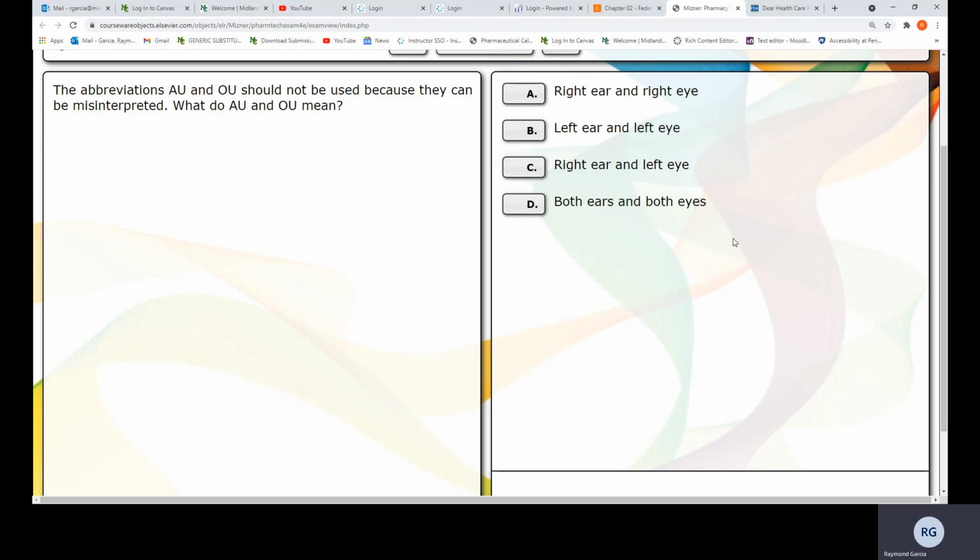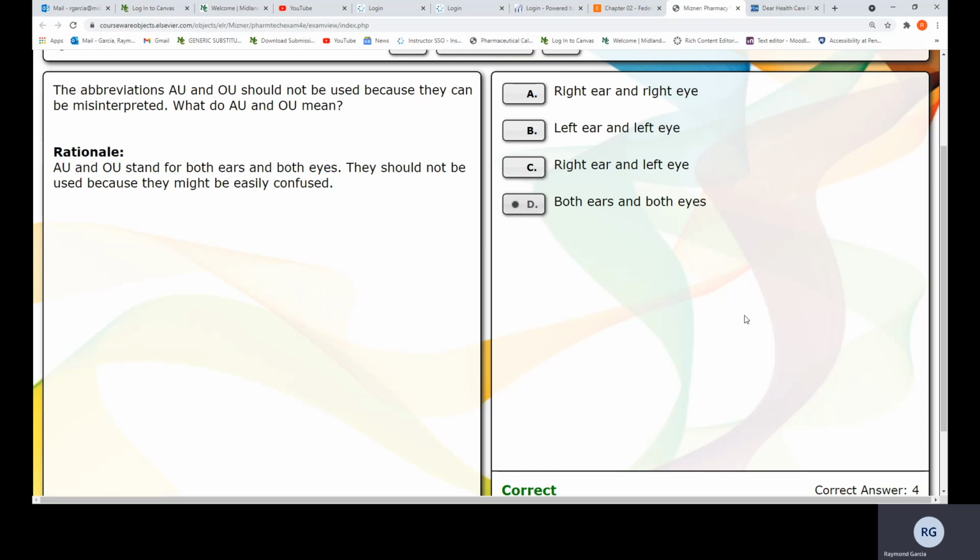Why did you pick B, for business? You think? B. Good job. AU and OU stand for both ears and both eyes. They should not be used because they might be easily confused.